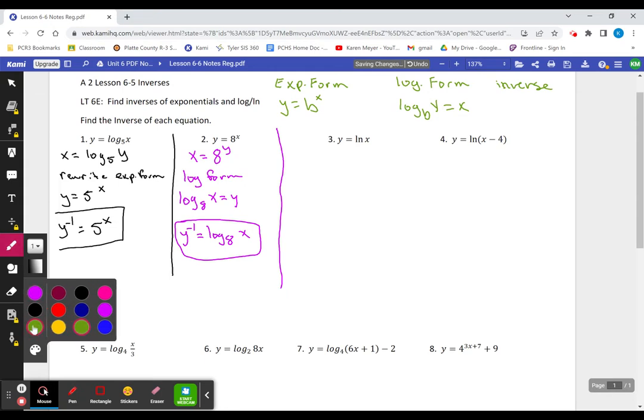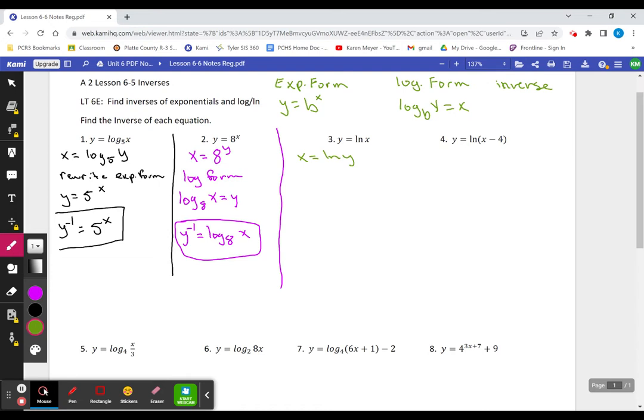Okay, next one. We're going to start off by switching x and y. So x equals ln of y. And then we're going to rewrite. Now, log form, ln form, same thing. So we're going to go to exponential form.